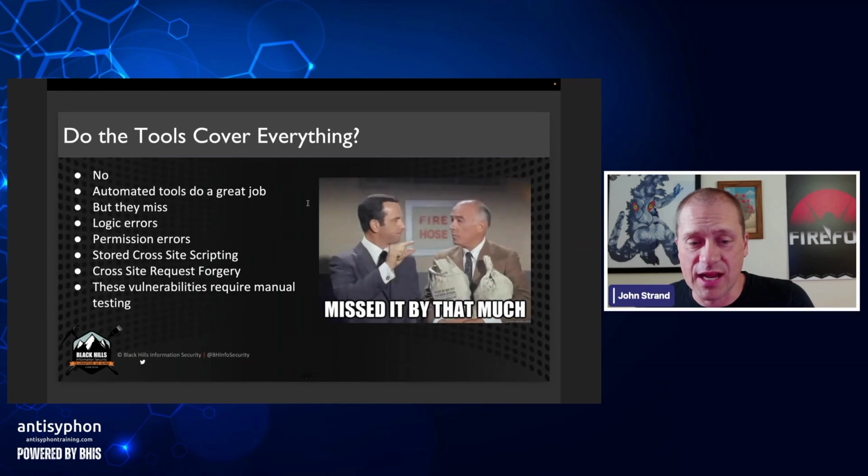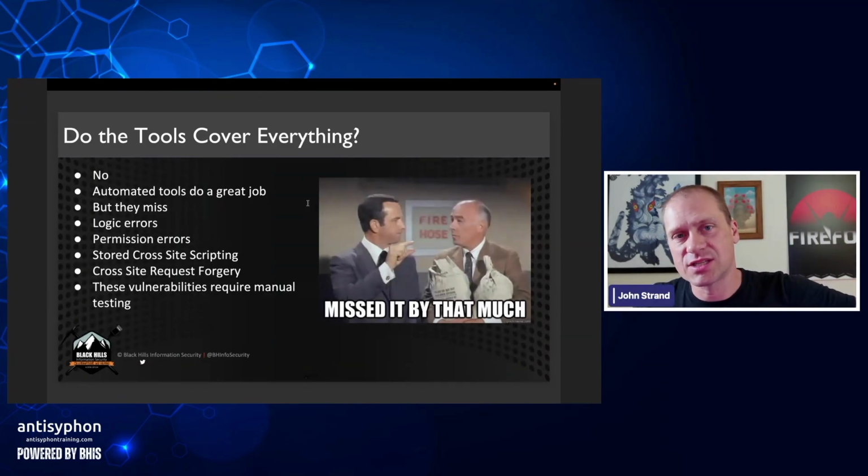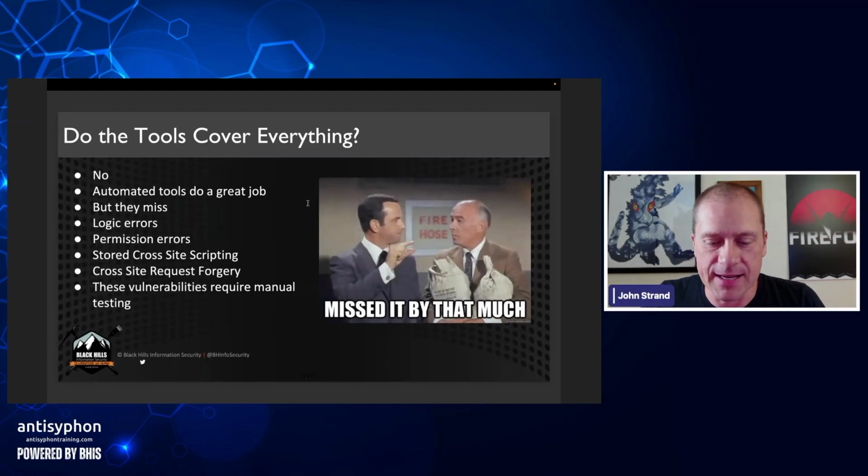They're going to miss logic errors. They're going to miss permission errors. They're going to miss stored cross-site scripting, cross-site request forgery. These tools require manual testing and they require a human being. And ultimately, that's what you want to work up to. You want to work up to being a penetration tester that has that capability to do that type of testing and do it well, because that's where you get paid.